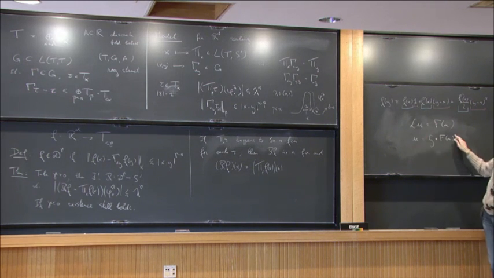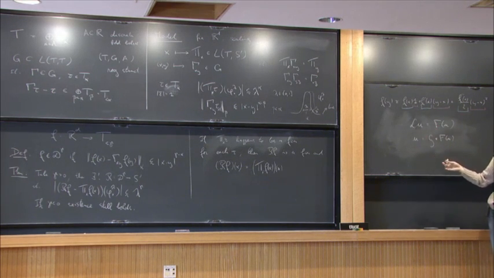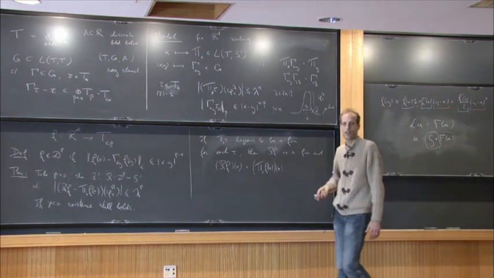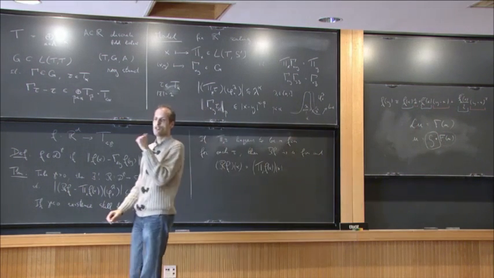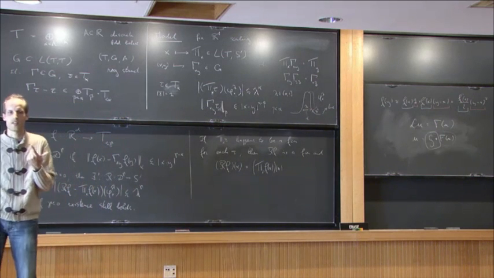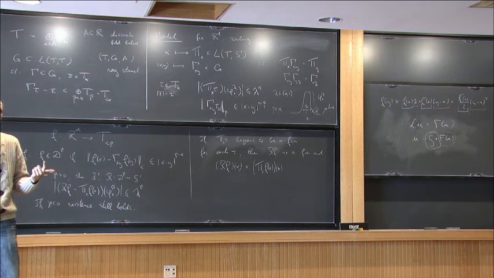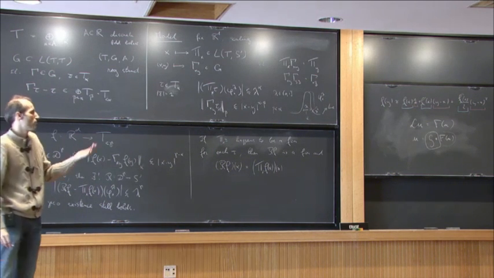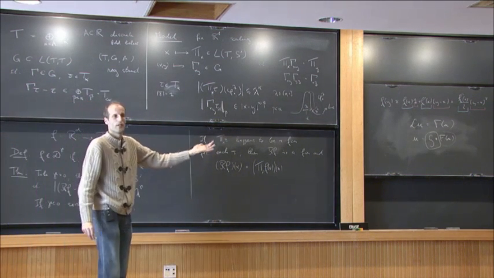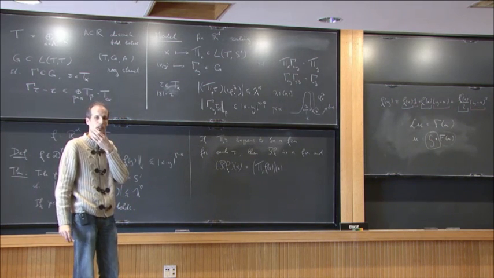And so now you want to make sense of this fixed point problem. You need to be able to make sense of the operation convolution with g, which would be the heat kernel in our case, and of whatever nonlinear operations appear in your equation. So there are essentially two things that we need to make sense of: multiplication and convolution with the heat kernel, or with some kernel that has properties similar to those of the heat kernel.